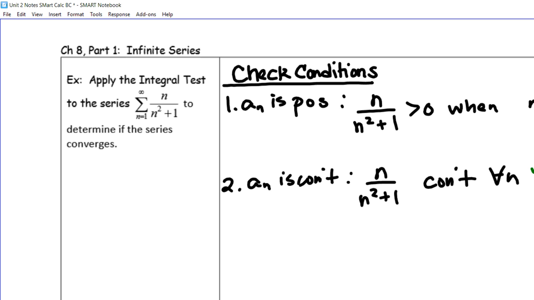That upside down symbol right there is for all. Would all real numbers work? Yes. Okay, and then the third one we have to show is that a sub n plus 1 is smaller than a sub n. We have to show decreasing. And have we practiced that? Okay, so we can do our setup.